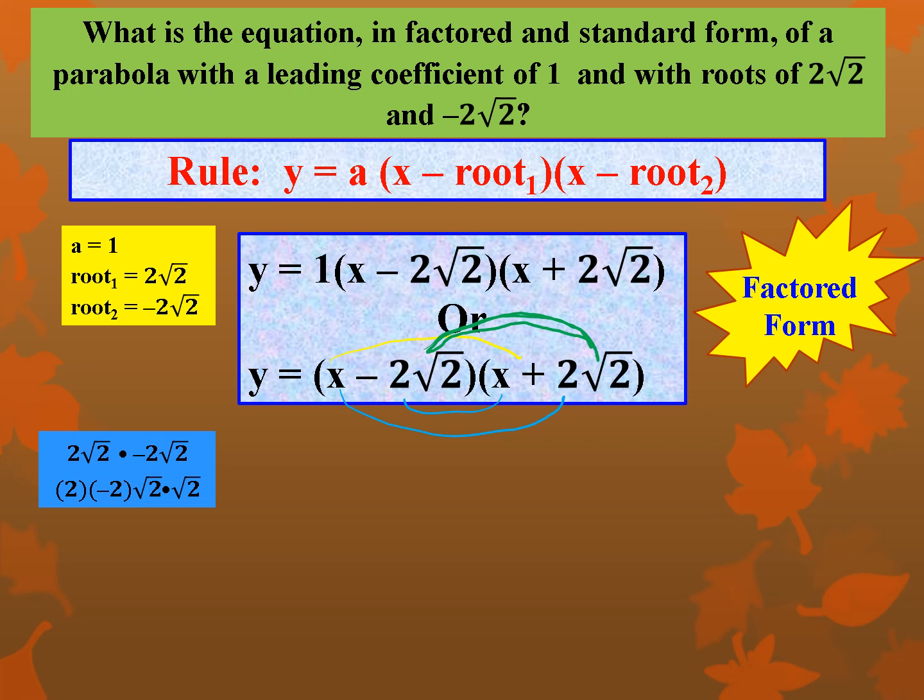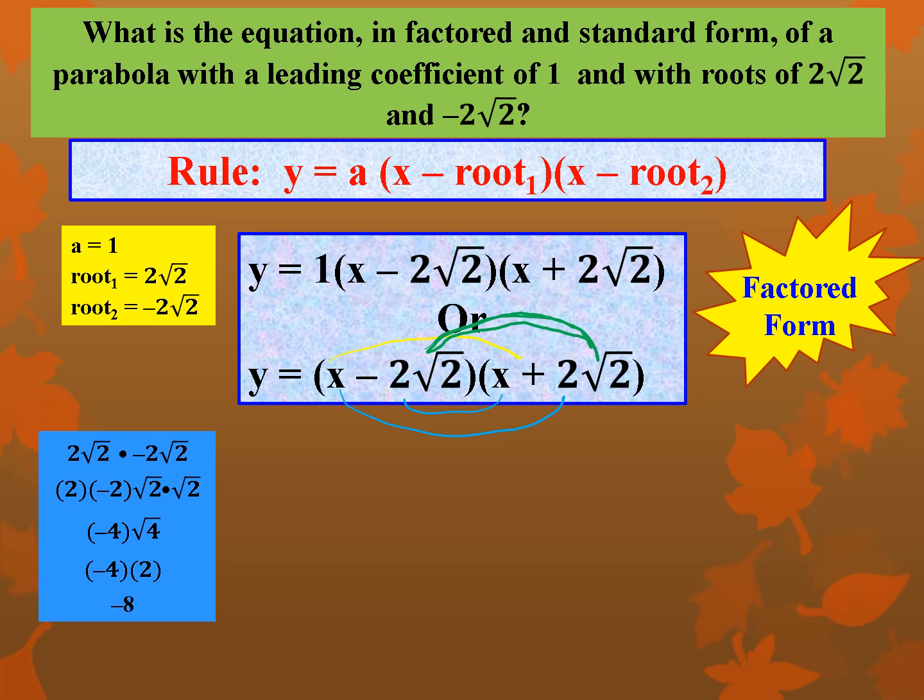So 2 times negative 2 is negative 4. And then the square root of 2 times the square root of 2, well, that's the square root of 4. But wait, square root of 4 is 2. So that becomes negative 4 times 2, which becomes negative 8.